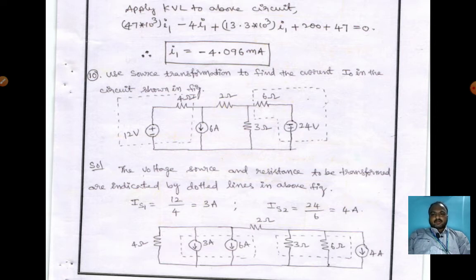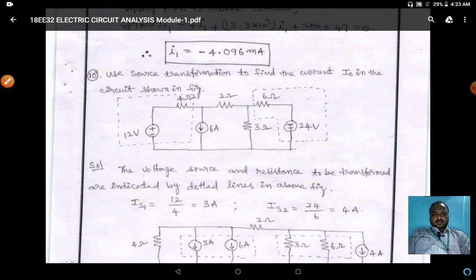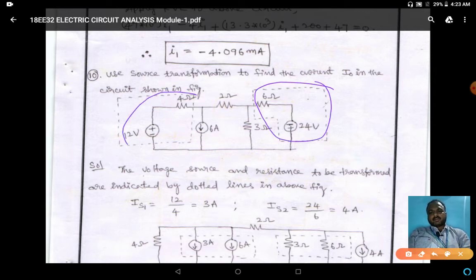Now see this one. The 12 volts and 4 ohm is one voltage source, and the 24 volts and 6 ohm is another voltage source. Convert them into current sources by using the source transformation technique.